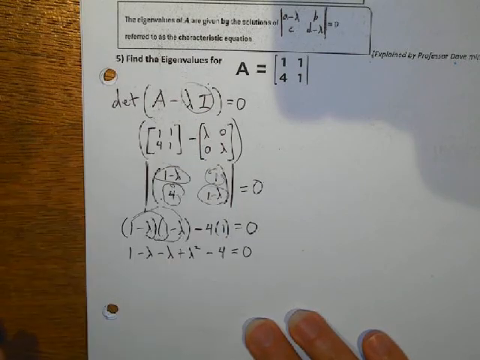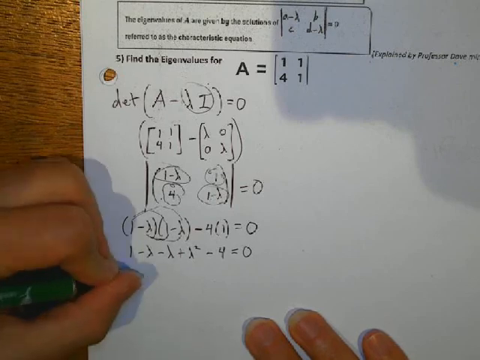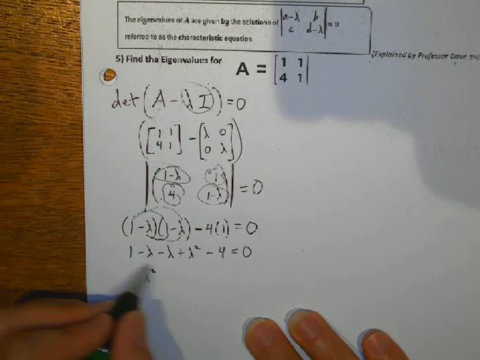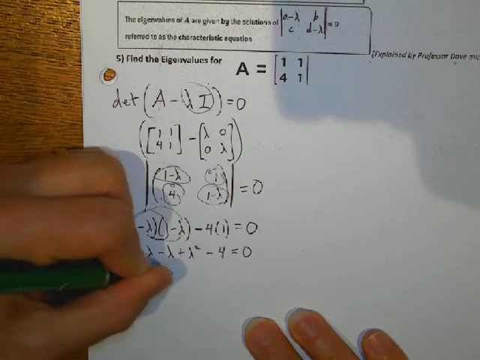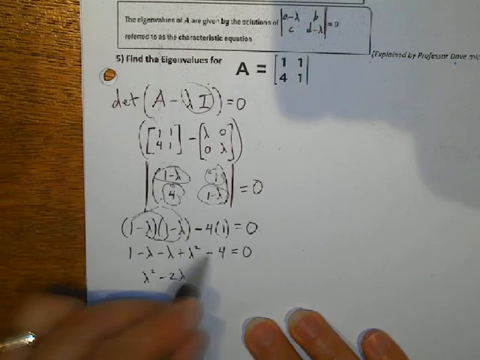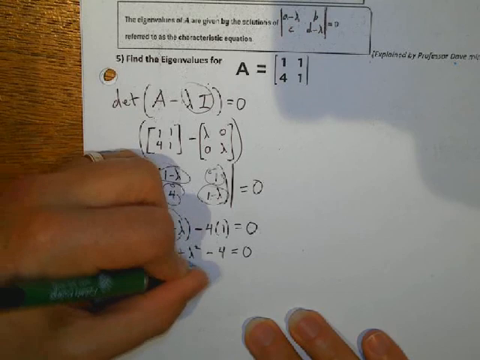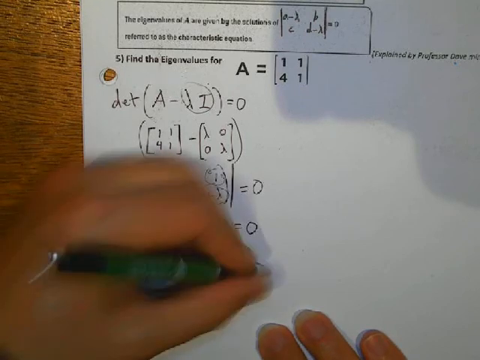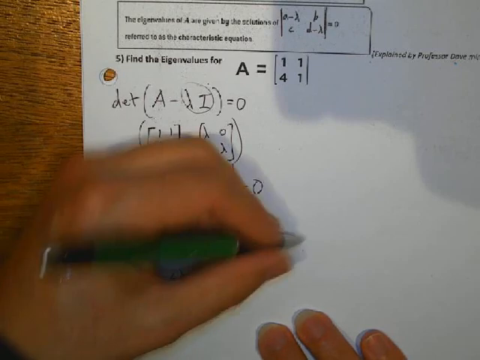I can simplify this a little further and put things in the correct order. I get lambda squared minus 2 lambda, and 1 minus 4 gives me negative 3, equals 0. And this right here is our characteristic polynomial.